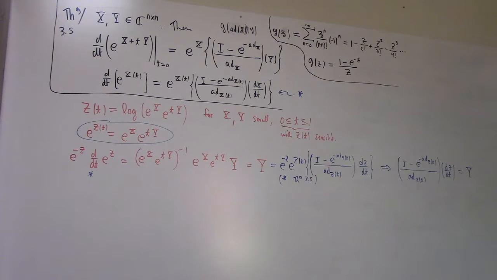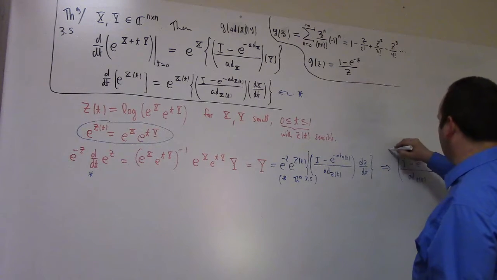All right, so here's what he says. If x and y are small enough, z of t will also be small, so that I minus the exponential minus the adjoint divided by the adjoint of z of t will be close to the identity and thus invertible, and so you can solve for dz dt. So basically, we go from here, and I'll do it up here.